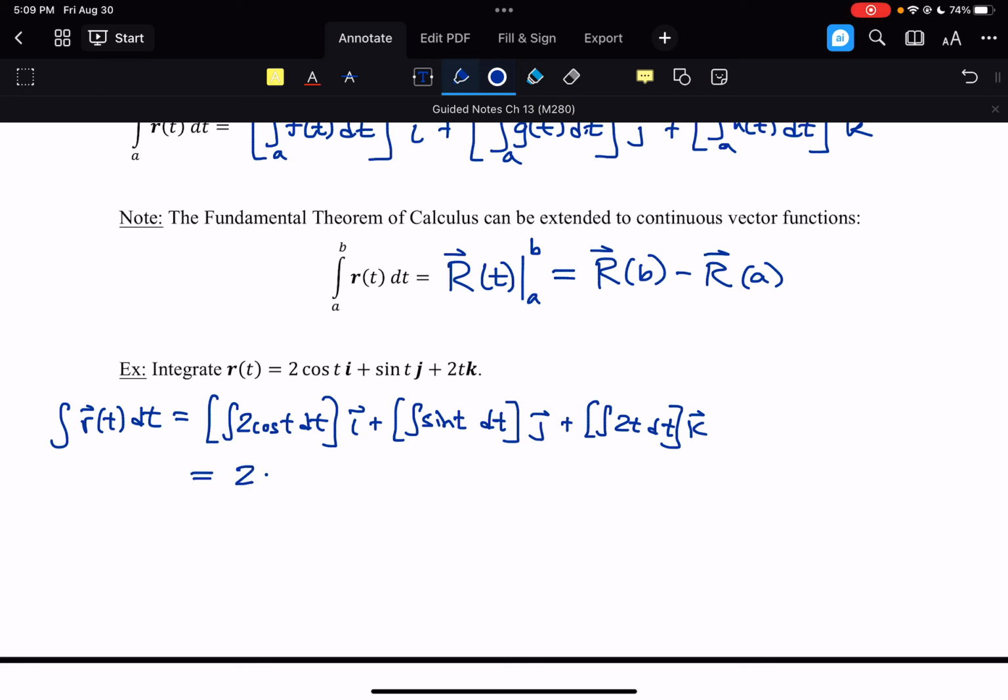So we get 2 sine of t i minus cosine of t j plus t squared k.